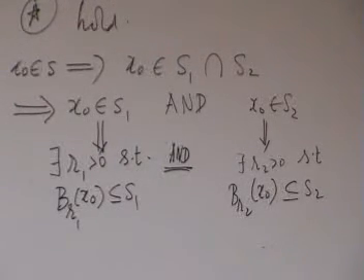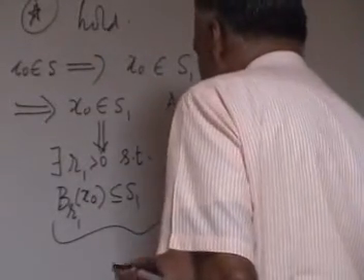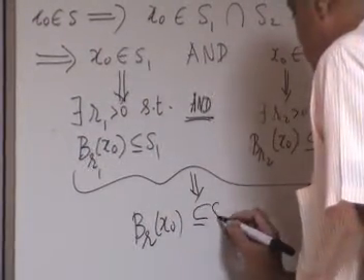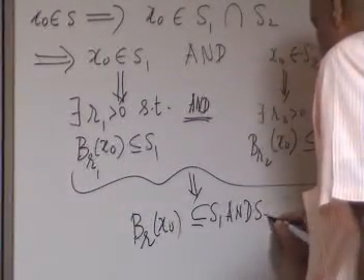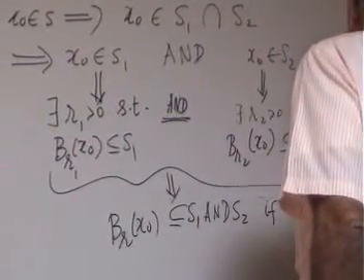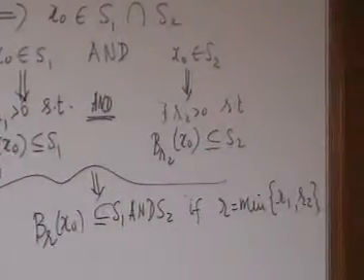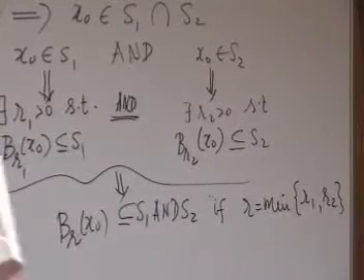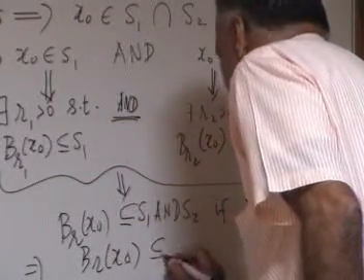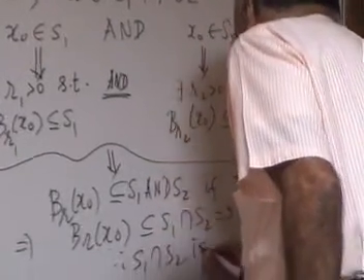So take R as the minimum of R1 and R2, and B(R, x0) is contained in S1 and S2. Is that clear? And we are done. Because it will belong to S1 and S2, therefore B(R, x0) is contained in S1 intersection S2, which is equal to S. Therefore S1 intersection S2 is open.